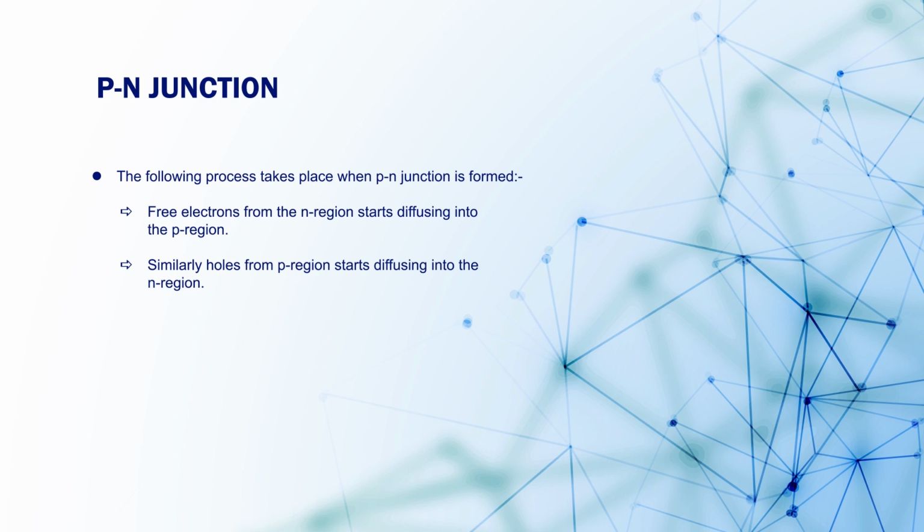So, when the P and N junction is formed, the free electrons from the N region start diffusing into the P region. Here, diffusing means moving from the N region towards the P region. Similarly, the free holes from the P region start moving to the N region.